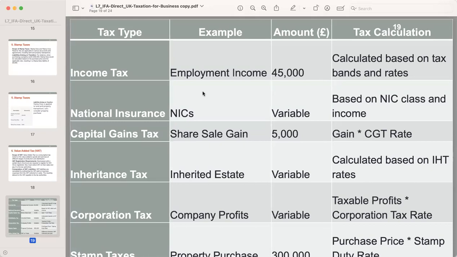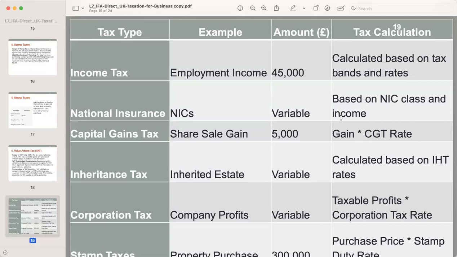Most often, there are two rates, 20% and 40%. Then it comes to National Insurance Contributions, or NIC, variable based on NIC class and income. Think of this as a way to help pay for healthcare and things like that. It is connected to your earnings and the type of work you do.